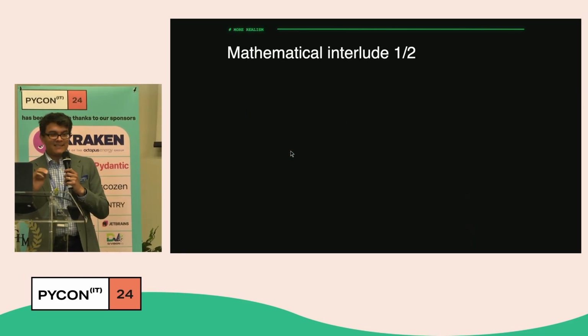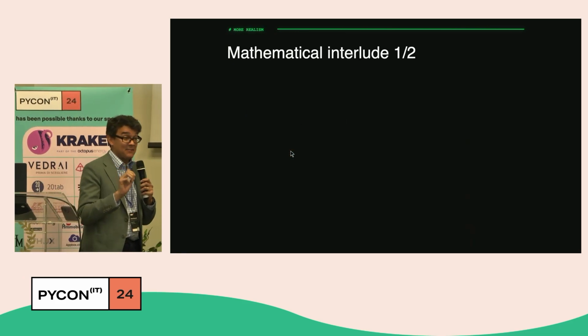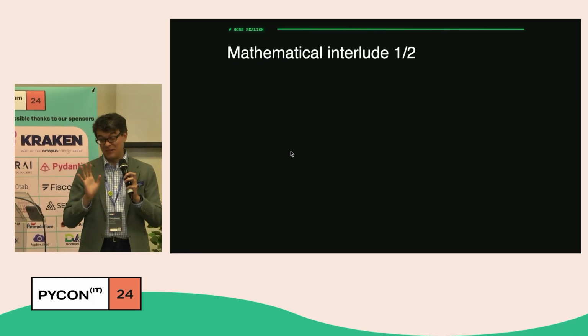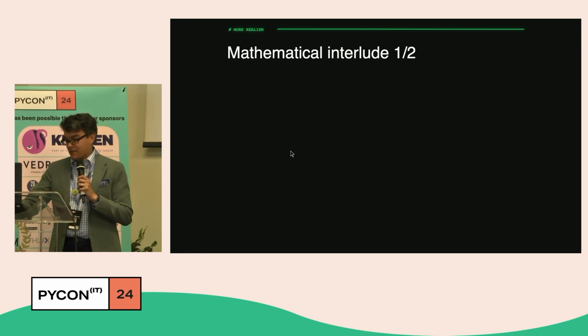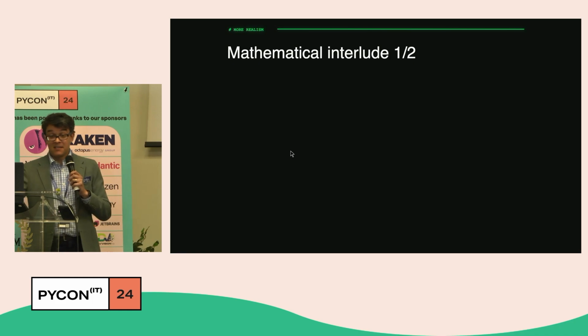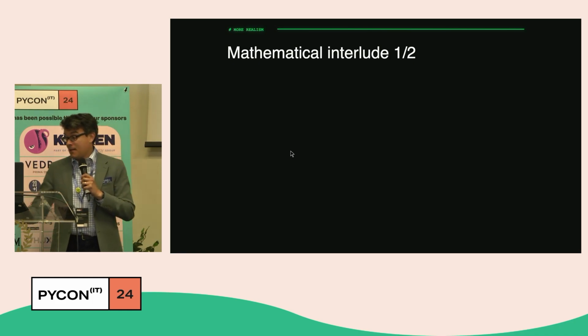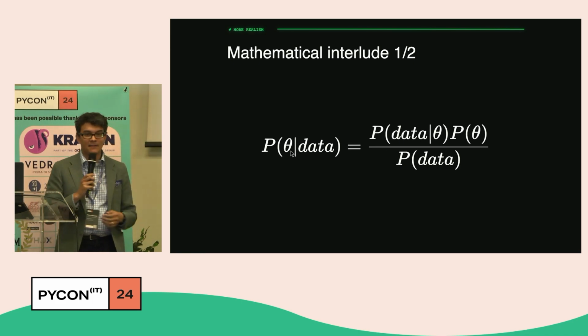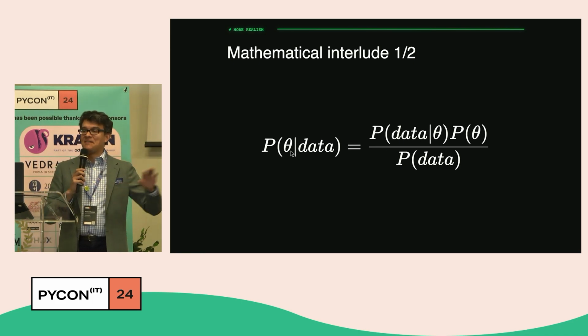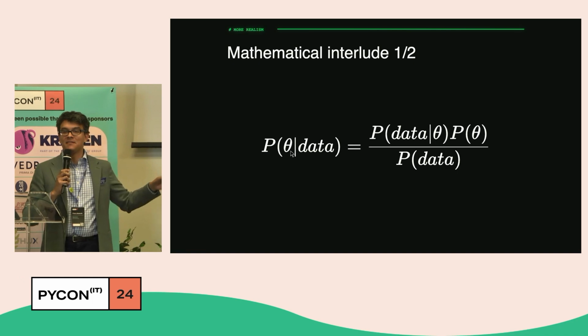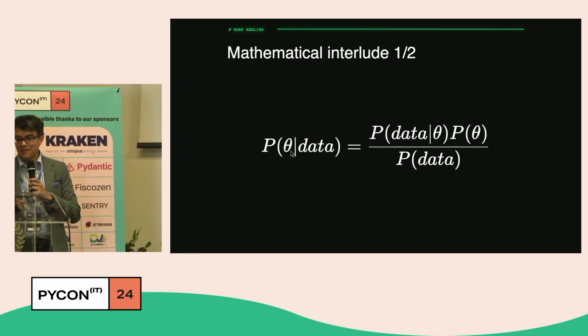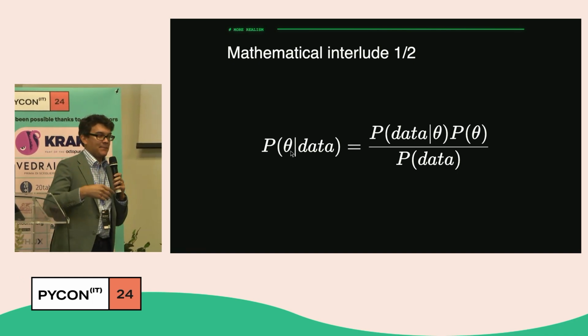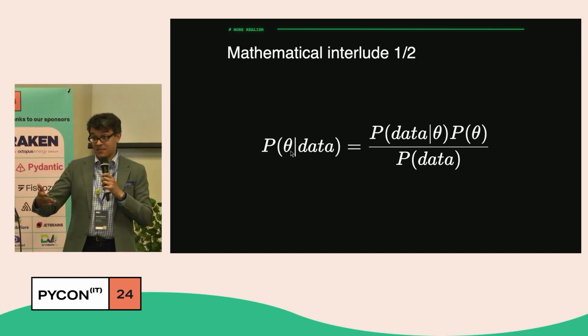Here we are going to talk about our second mathematical interlude. I will keep it as brief as possible. Apologies again. What we can leverage here is something called inferential statistics, specifically Bayesian statistics, which, as you can imagine, is based on Bayes' rule. Has anybody here never seen this before? Yay, okay, we have all seen it. But very good. Essentially, we're trying to calculate the probability of a parameter given the data that we're seeing.